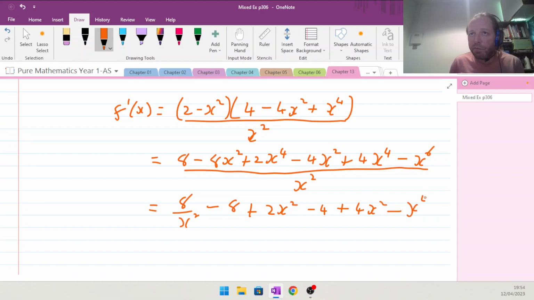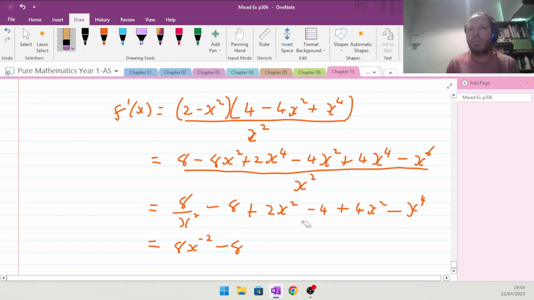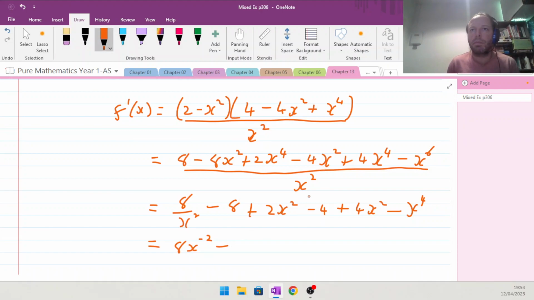6x to the 4. Probably group some of these terms together, which means we've got 8x to the minus 2, minus 8, plus, oh, what's that? That's a minus 4 in there. Let's make that a minus 12 then. 8 and 4, minus 12.